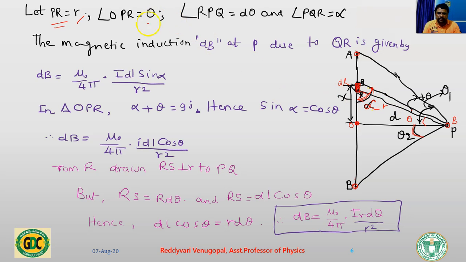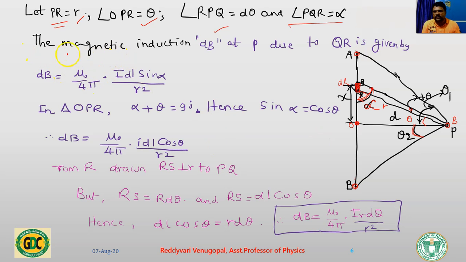That means the angle OPR is theta, and RPQ, this angle we are calling d theta, and PQR, this angle, we are calling alpha.